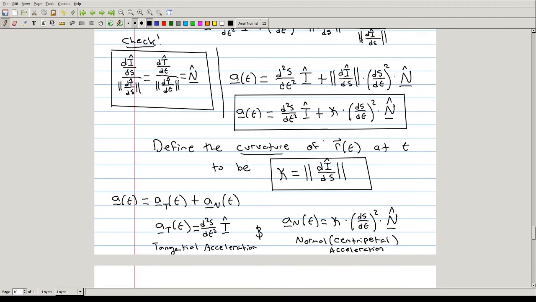What is the acceleration along that curve? We can take our nice decomposition here.